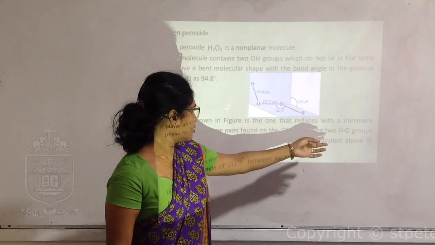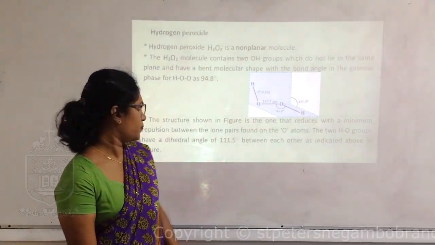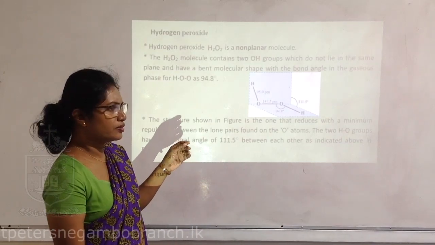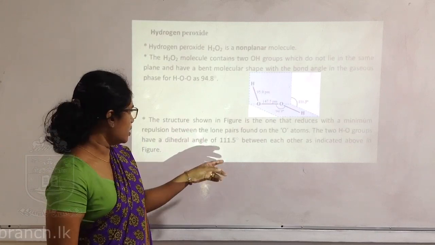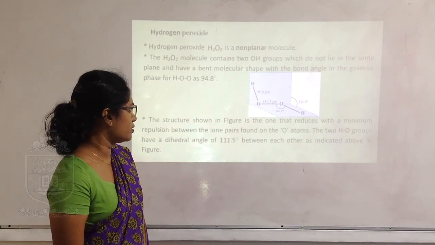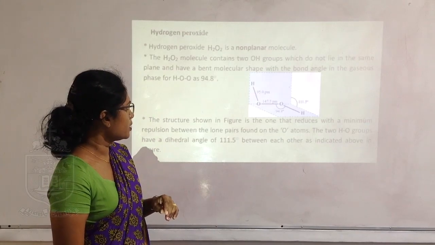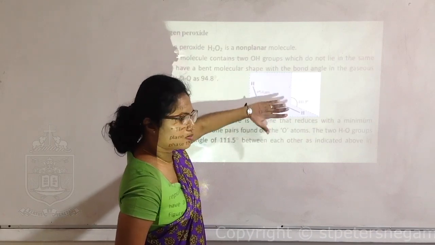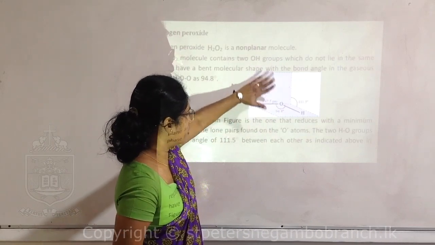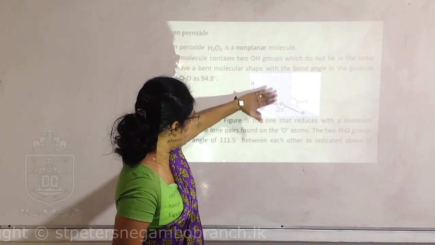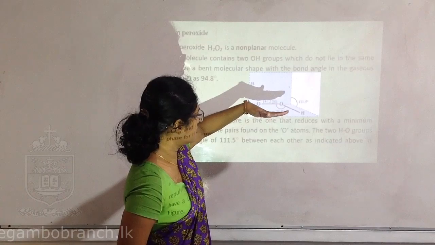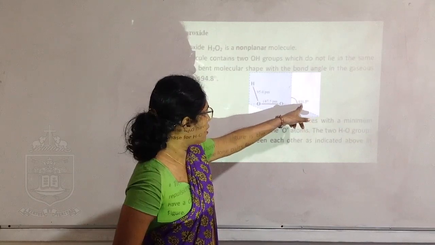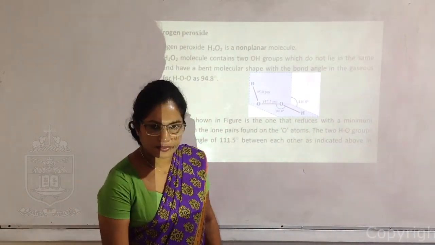If we take the two OH groups, the two OH groups are dihedral and it shows a 111.5 degree angle between the two OH groups. Here one OH group exists in this plane and the other one is in this plane, and the angle is 111.5 degrees.